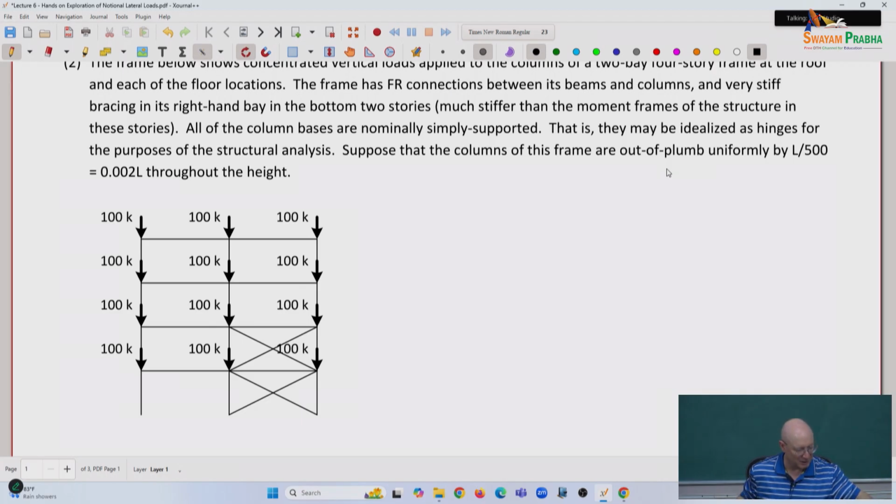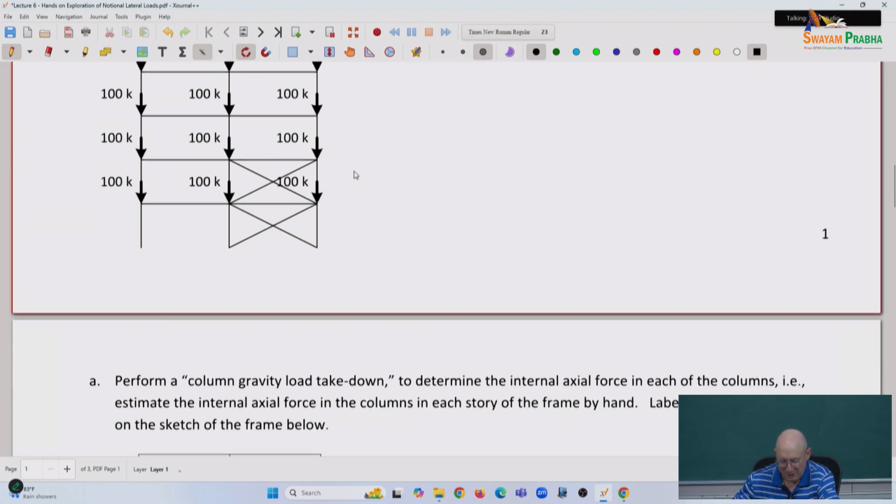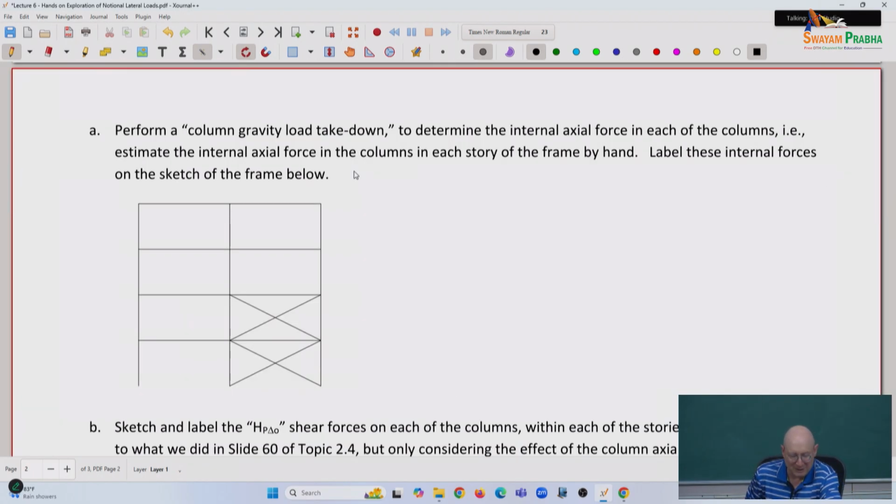So now I'd like us to do a few things with it. If we go to the next page, I want to do a gravity load takedown on the structure for all the columns. So, to speed this along, this would be 100. This column would have 200. This column would have 300, given the loads I showed you.